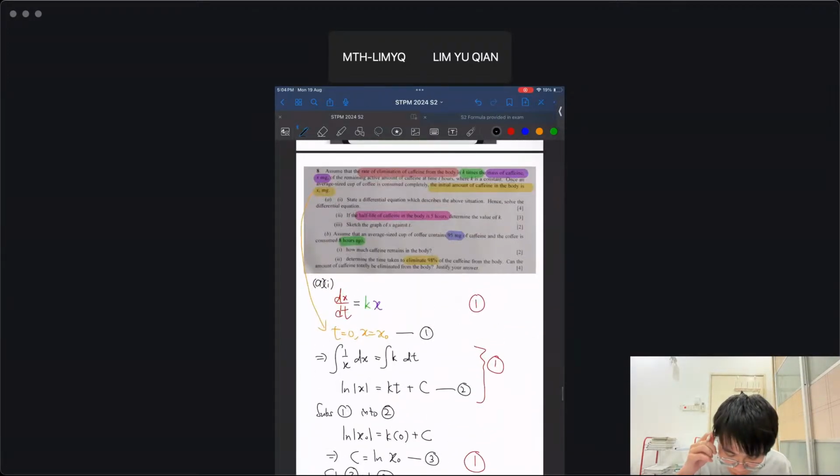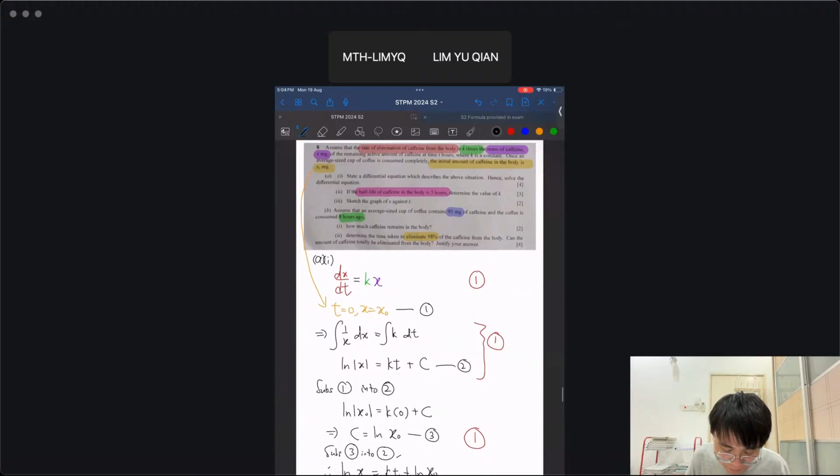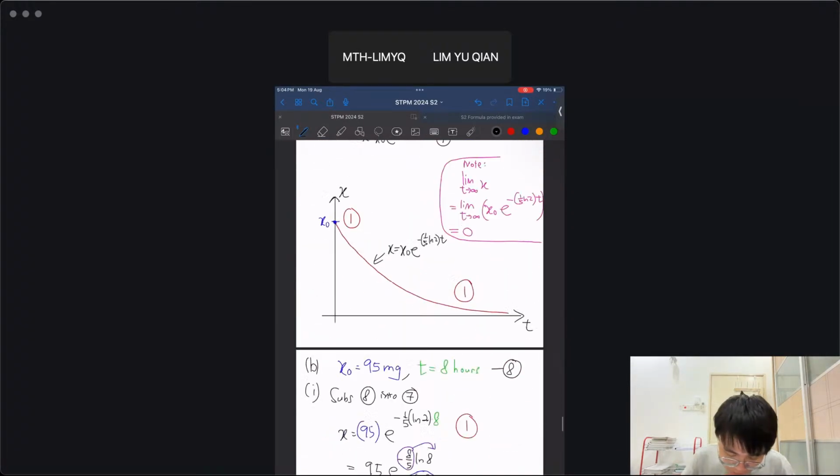Amount of caffeine cannot totally be eliminated from the body.